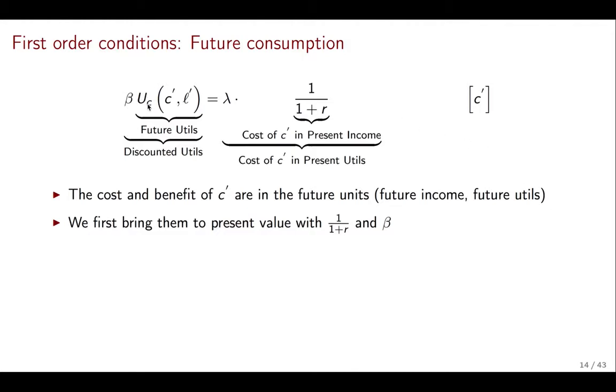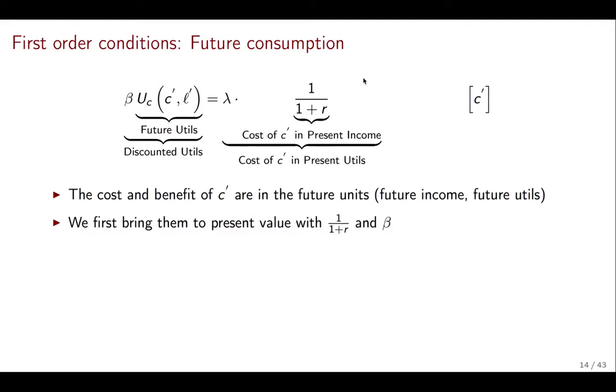So you see the marginal utility of consumption evaluated at the values of consumption and leisure tomorrow. That gives you the marginal utility of consumption tomorrow, but that's expressed in future utils. When we multiply by beta, we get discounted utils, which are in present value units. In a similar way, the marginal cost of one extra unit of consumption tomorrow is 1 unit.